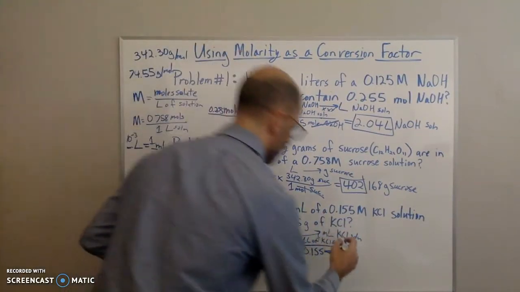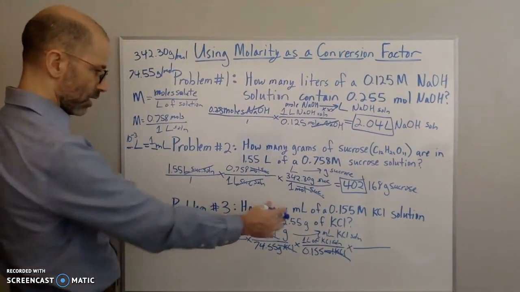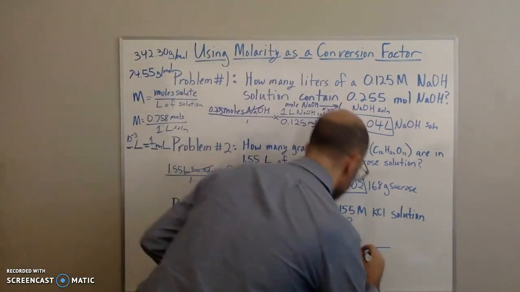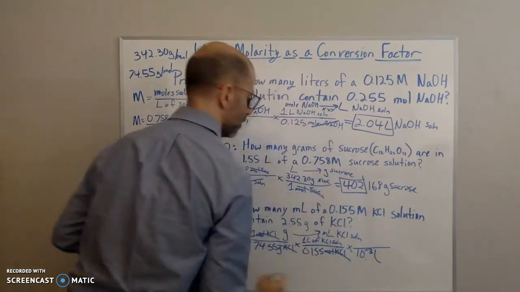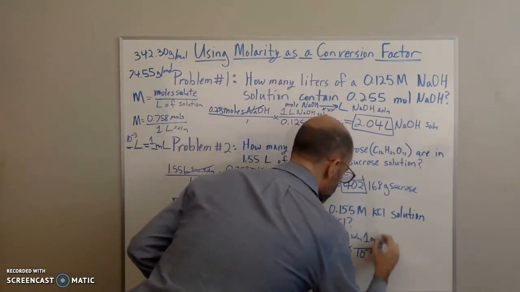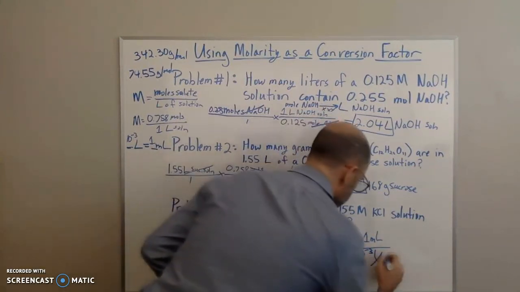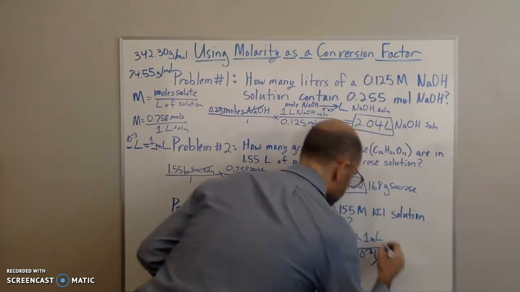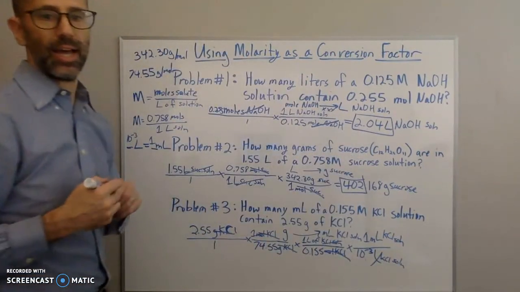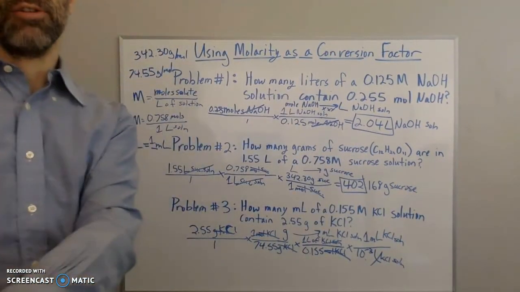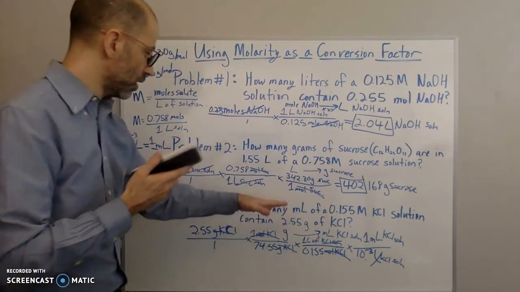So I'm going to multiply by my last conversion factor. I have liters on top, so I'm going to put 10 to the negative 3 liters, and 1 milliliter on top, so liters of solution cancel. This is KCl solution, and this is KCl solution. And so now I have milliliters of KCl solution. That's what they want, so I'm done with the problem.